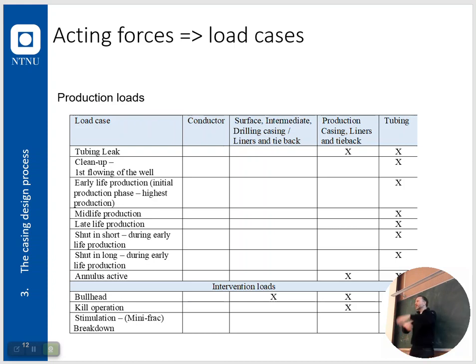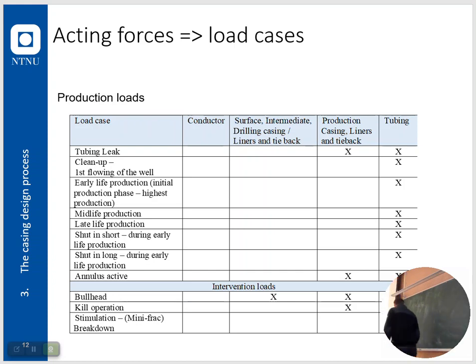It grinds it up and slurrifies it, so it becomes like a cement slurry, slightly viscous, and then you pump it down your casing into, for example, a formation like Utsira. Then you don't have to take the cuttings onshore for processing, which is a very expensive procedure.